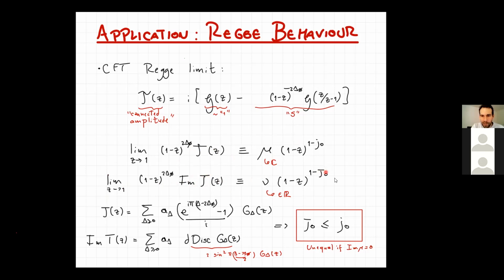And so there will be some different exponent, J bar 0. And as I said before, whereas T is computed by this formula, for the imaginary part of T you just get the double discontinuity of G delta. So this factor, if you take its imaginary part, it becomes 2 times sine squared, and so on. Since this is smaller than this, you learn that J bar is smaller than J0.